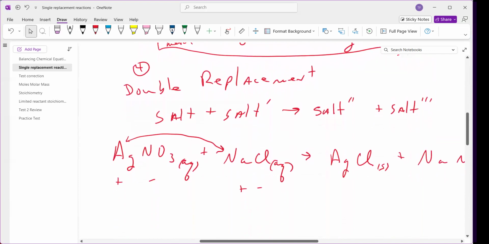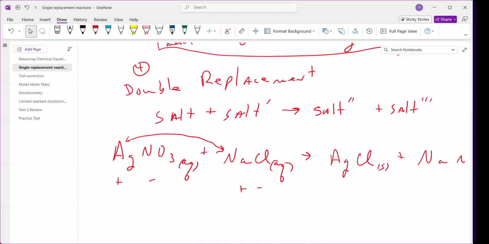Another very common reaction is called double replacement. We have single, we have double replacement. With a single replacement, you're just talking about metal to metal solid. With double replacement, we're swapping kind of everything out.